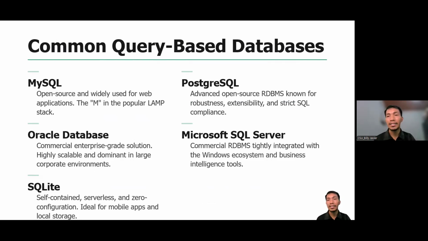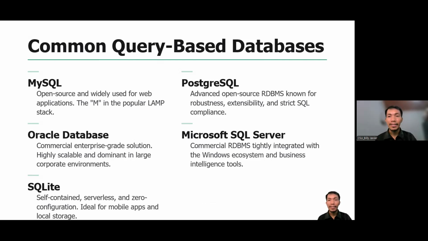MySQL, for instance, is a popular open source choice for web applications, while PostgreSQL is known for its advanced features and strict compliance to SQL, and, of course, is favored for complex data environments. It is in fact gaining popularity nowadays, if you have read some articles related to PostgreSQL.